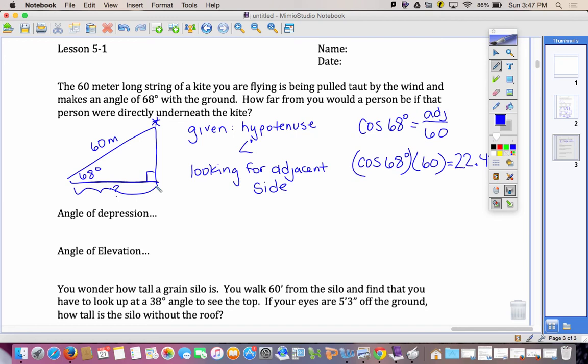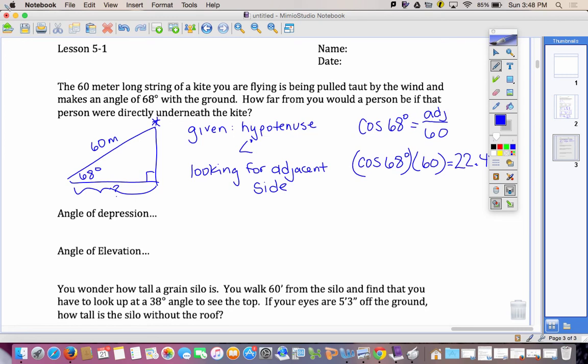And since I know that cosine of an angle is equal to the adjacent side of the angle divided by the hypotenuse, I can use some basic algebra and figure out that cosine of 68 degrees is equal to the adjacent side divided by the hypotenuse of 60.